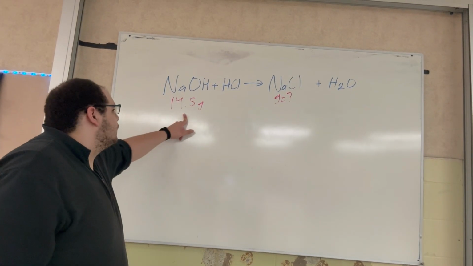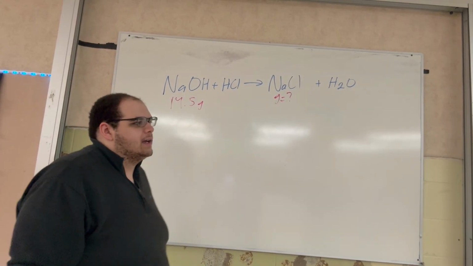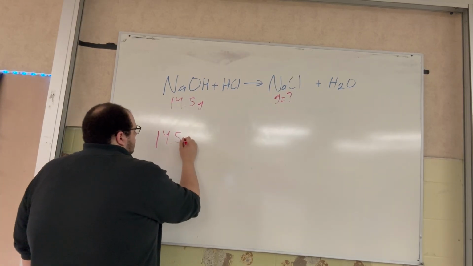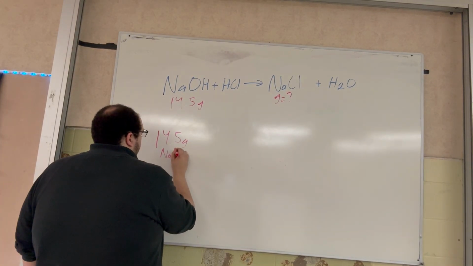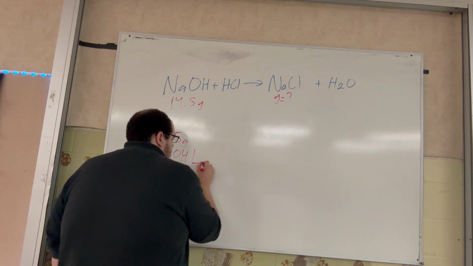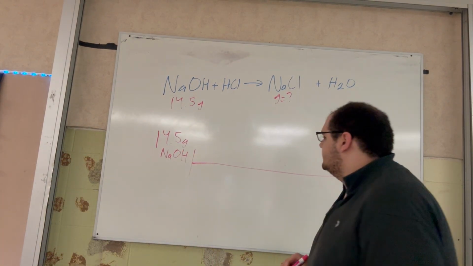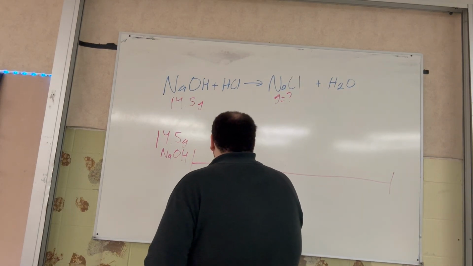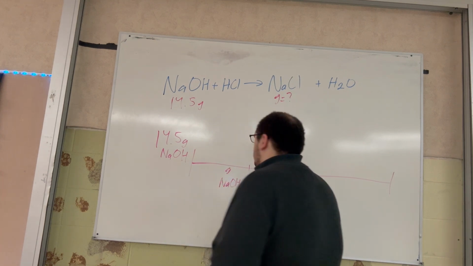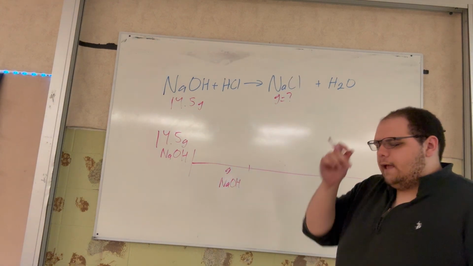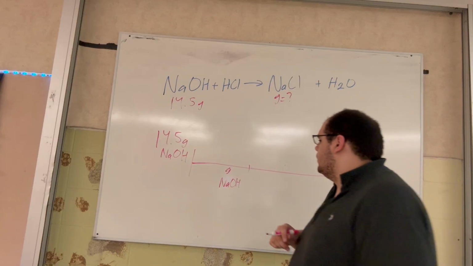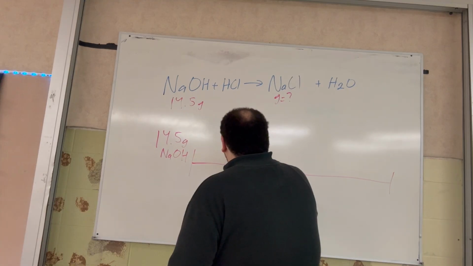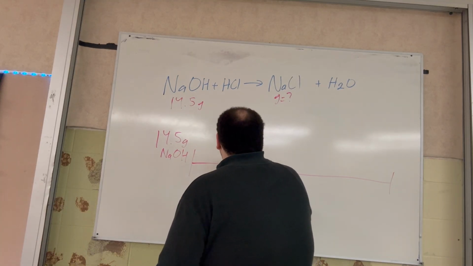Hey, so we've got 14.5 grams of this guy. We're looking for grams of this guy. To start my stoich line, I always start with my given. If I have grams of sodium hydroxide up there, I'm going to have grams of sodium hydroxide down here. If I follow my roadmap, it will tell me that in this conversion I'll have moles of NaOH up here, and it's 1 mole, in fact.